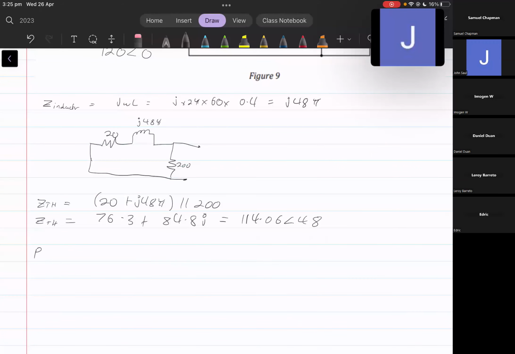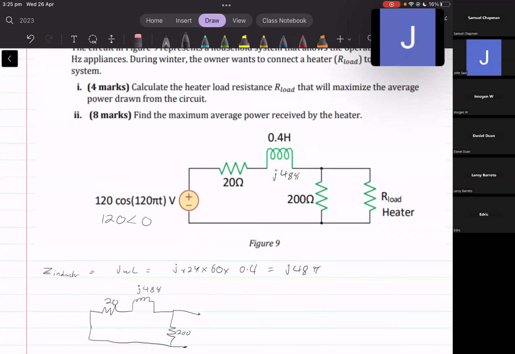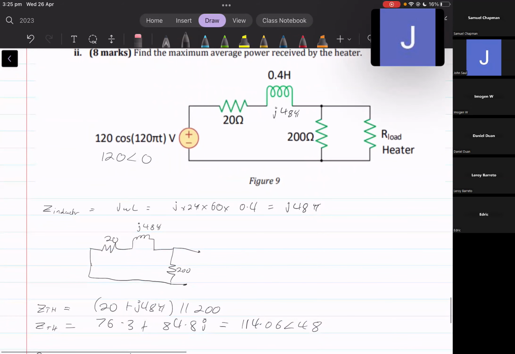So we should have our load, and that's what our load should be. If our load was instead like Z load, and we could make it a complex number, what would we make that? Would it be the same thing? Yeah, great.